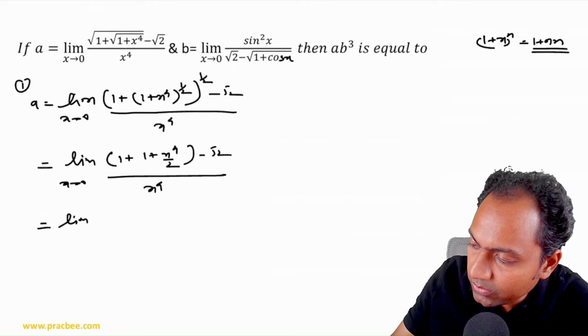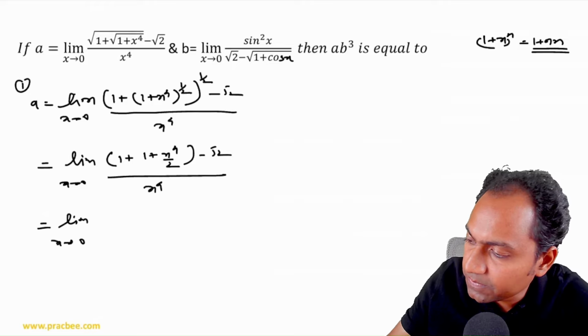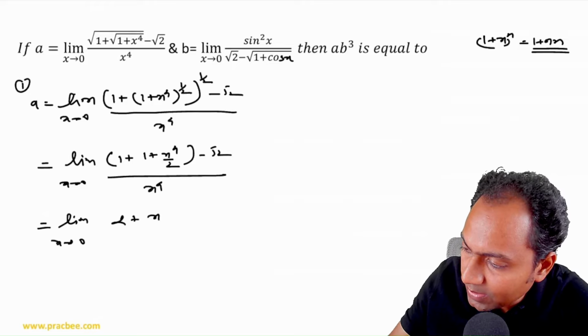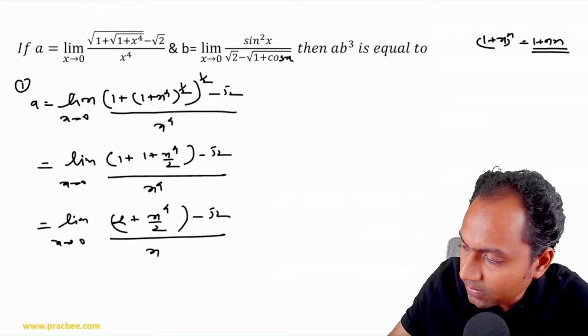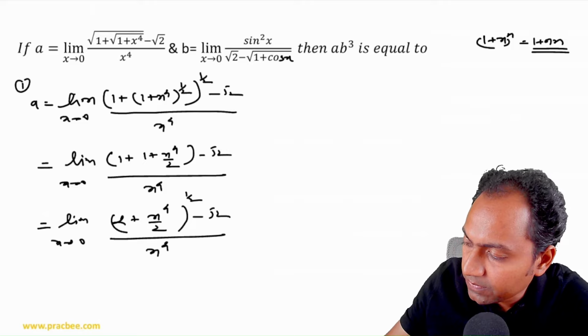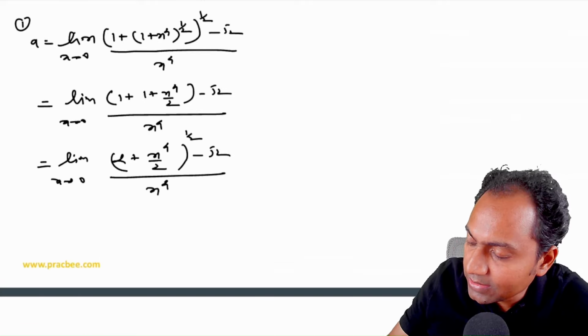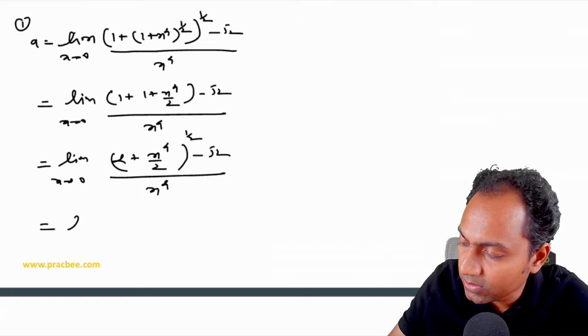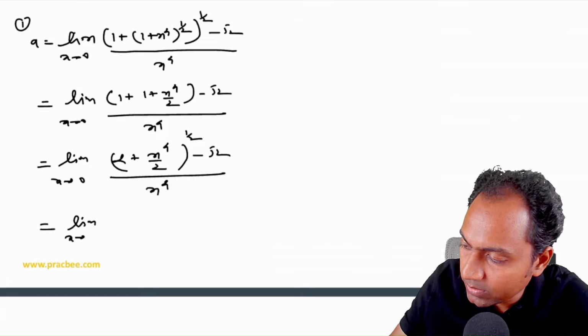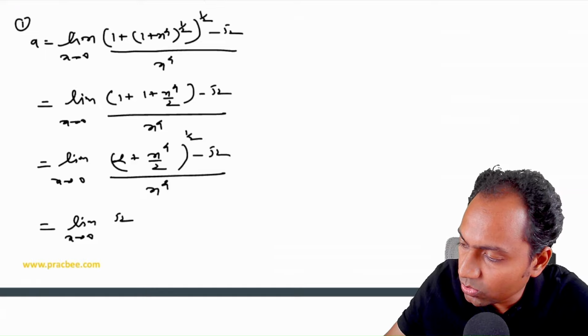Now what we can do in the next part is this: 2 plus x raised to the power 4 by 2, minus root 2 by x raised to the power 4 again. And again, before writing this result, we need to convert it into 1 plus x form. So we need to take this 2 common. If I take this 2 common from here, this root 2 will come out.